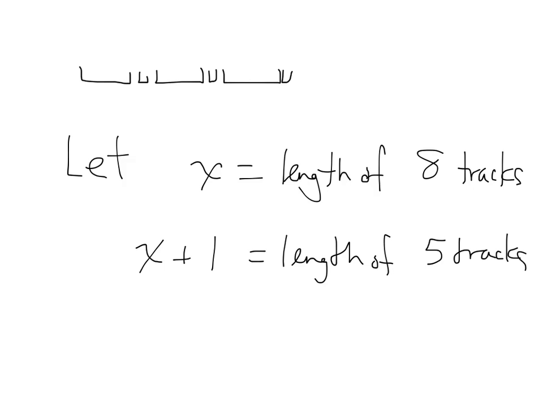I could just add those together, 8x and 5 of these, and give me the total length. But something would be wrong if I did that, right? What do I have to also include? You have to include the 15-second gap. How would you write it? Would you call it 15 seconds, or something else, Kelly? 0.15? Not 0.15. 15 seconds is how much of a minute?